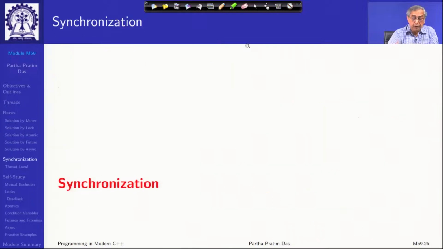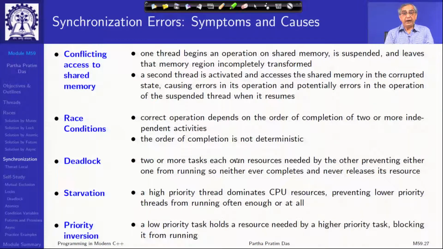So, I have shown you multiple different ways to address the basic synchronization problem of race conditions and data races. Just to give you a broader idea, let me take you through the wide variety of synchronization errors that can happen. Of course, this course is on C++ and modern C++, so I cannot really teach you each one of these cases, why it happens and so on. You will have to read it up elsewhere.